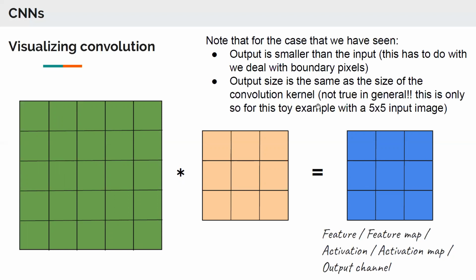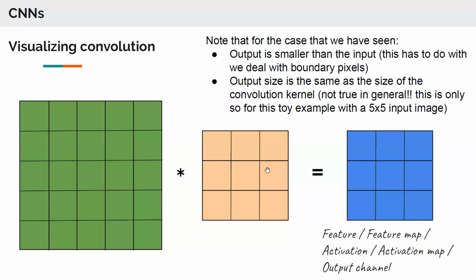And the other thing that funnily happens here is that the output size is the same as the kernel size, but this is not true in general. I must emphasize this. This only happened for this toy example because we had just a 5 by 5 image. Usually what will happen is we will have the image which will be much larger, something like 100 by 100, 200 by 200, something like that in hundreds.